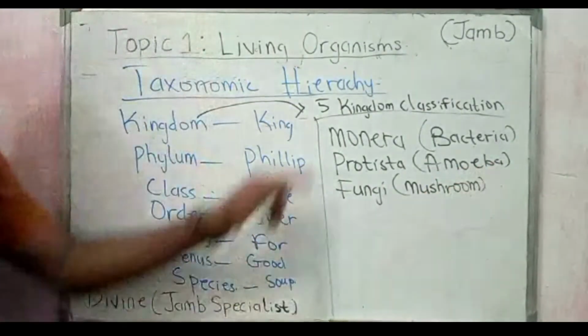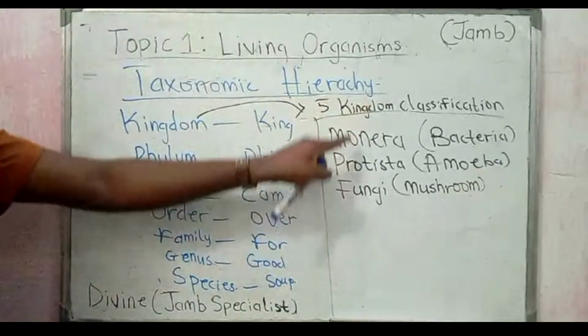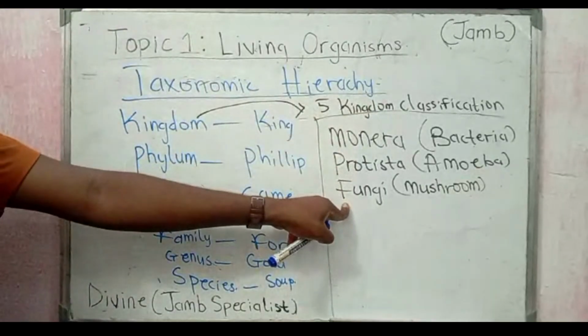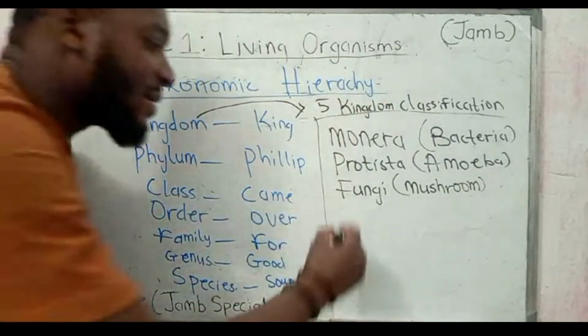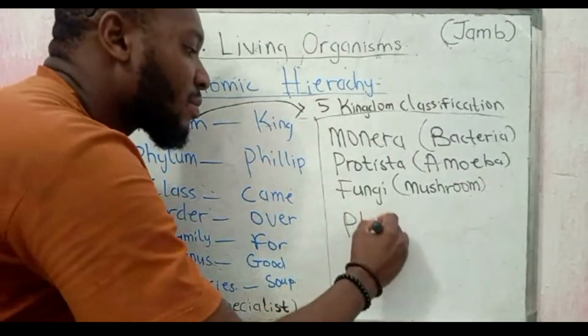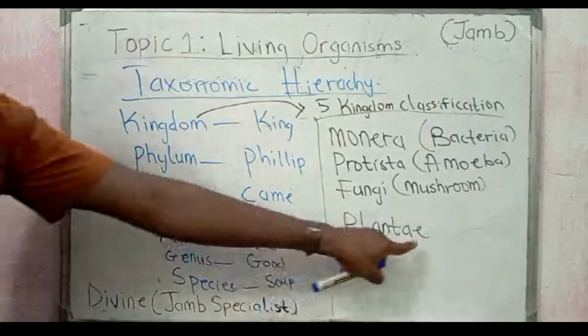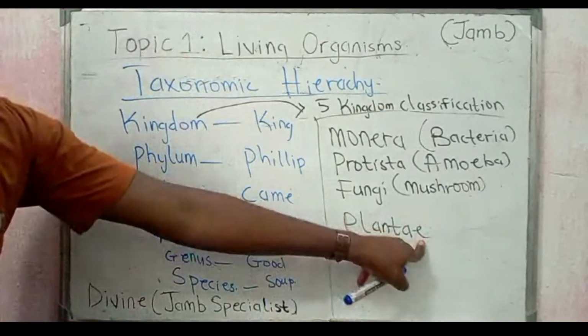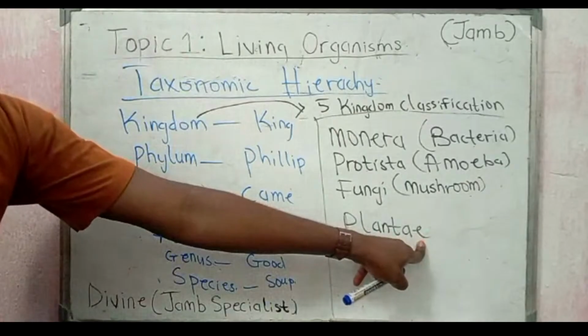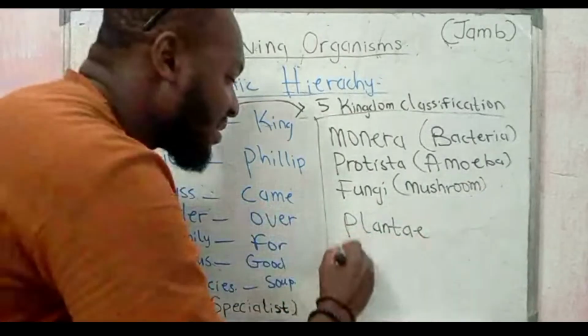So these are under kingdom. We have five. We mentioned three, right? We have two more. We have Plantae, plant, and we have Animalia.